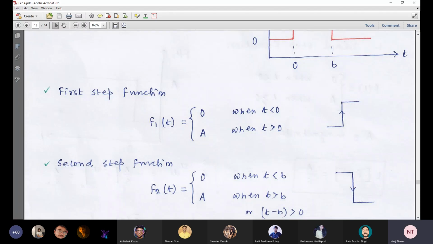The second part is basically the step decrease. The first part is the step increase. So direction wise F1 and F2 are opposite to each other.